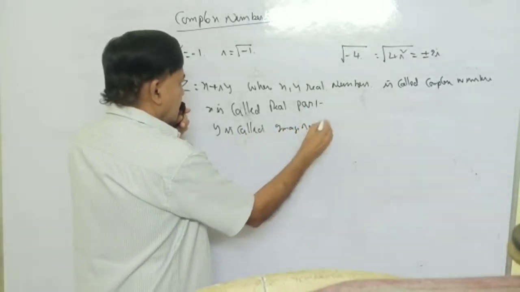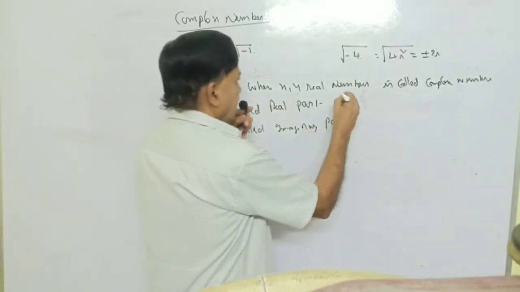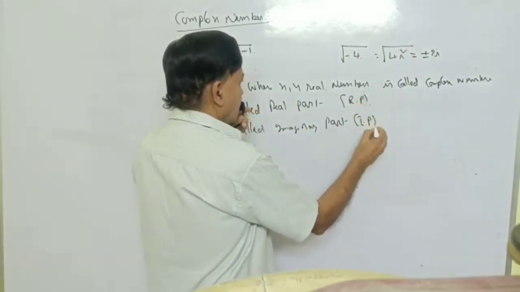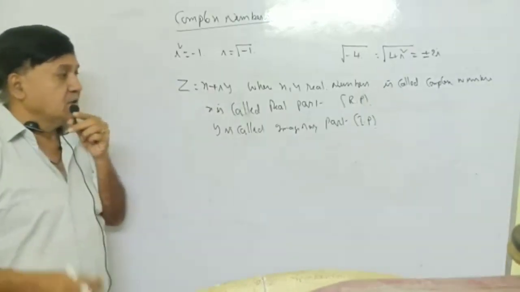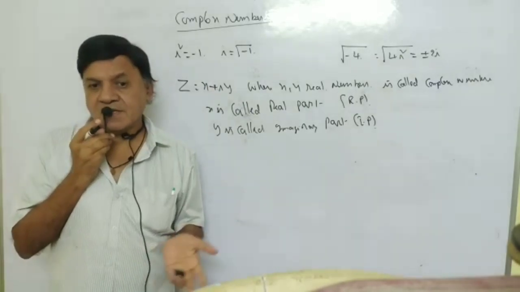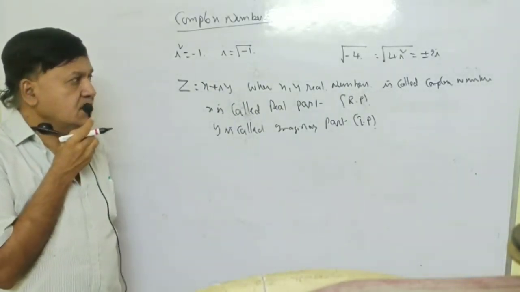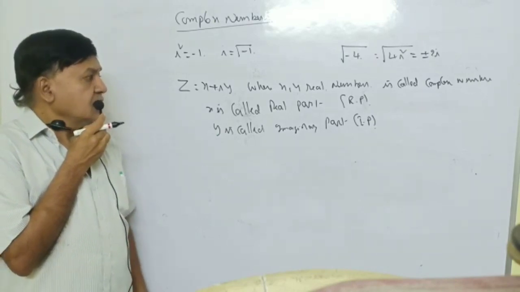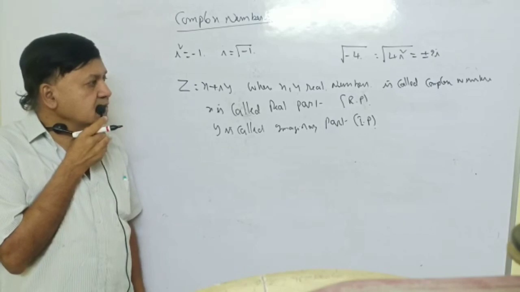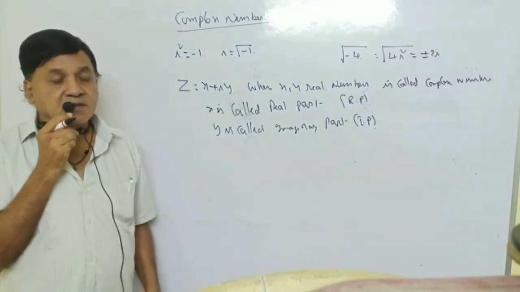Real part we usually write as RP, imaginary part we write as IP. So a number of the form z is equal to x plus iy is called a complex number, where x and y are real numbers. x is called the real part of the complex number and y is called the imaginary part of the complex number.